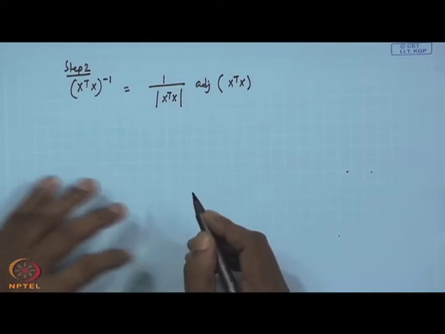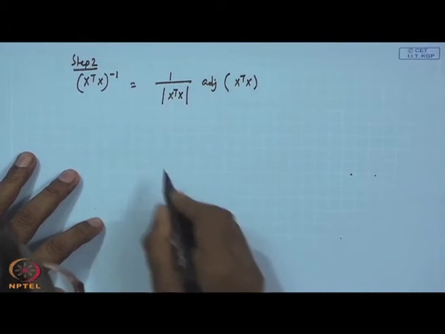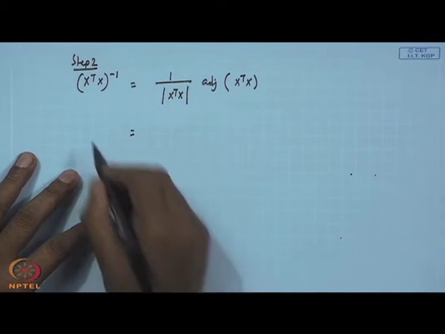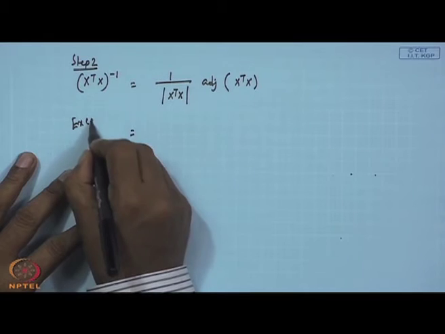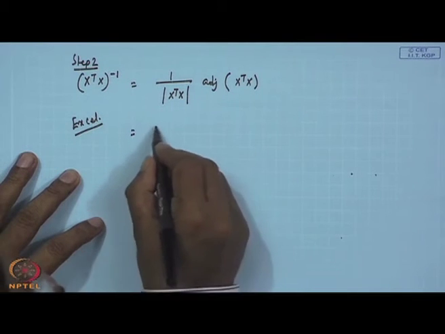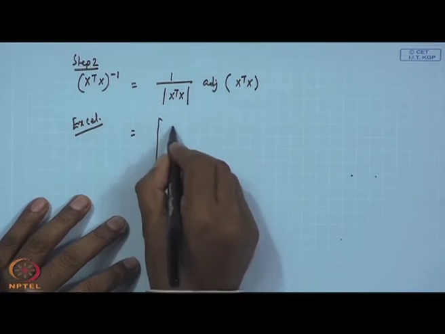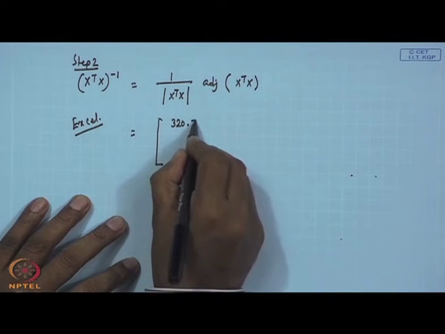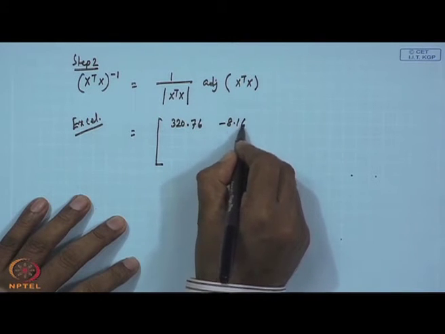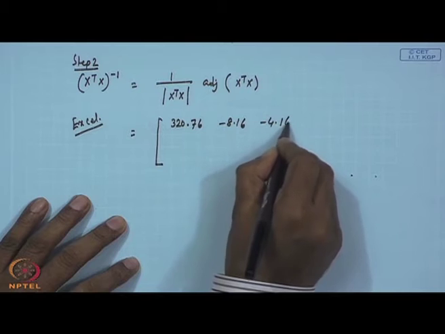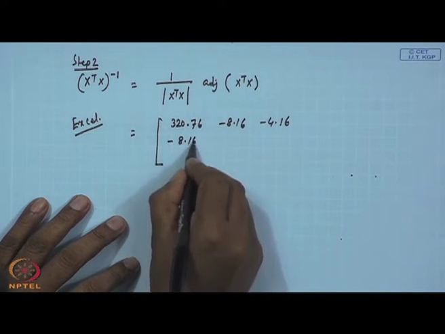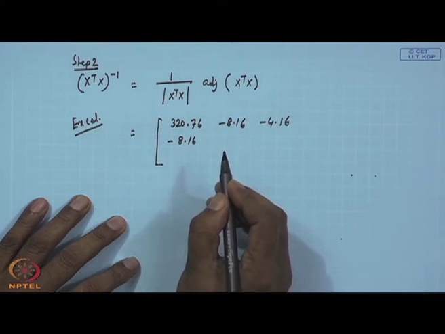So ultimately the resultant quantity you will find out, if you use any tool, suppose you use Excel. I have used Excel, and the value I got for this data set is 320.76, minus 8.16, minus 4.16. As it is a symmetric matrix, this will be 1 minus 8.16.